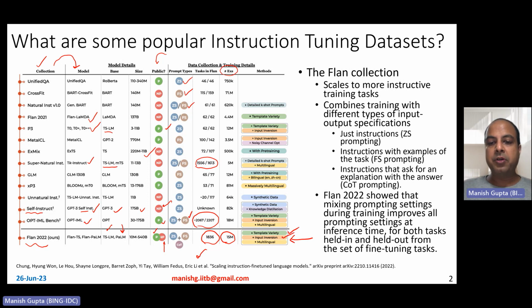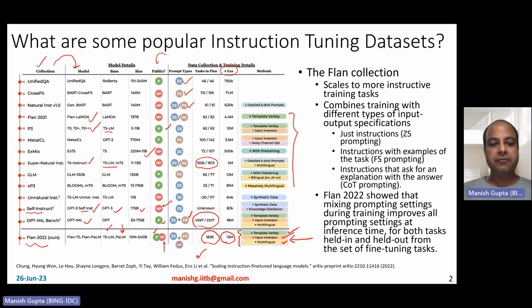We also have input inversion, so not just the forward kind of prompts, but also you invert the task so as to form prompts for the inverted version as well, and multilinguality as well. So many of these existing data sets do not have all three of them, but then the Flan 2022 has all these three dimensions as well.